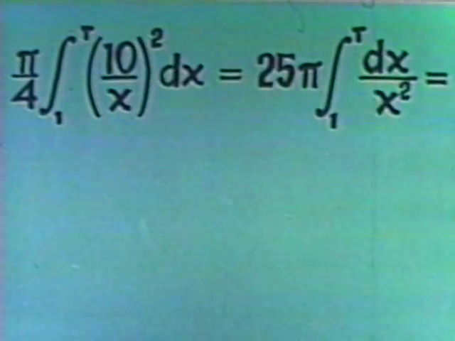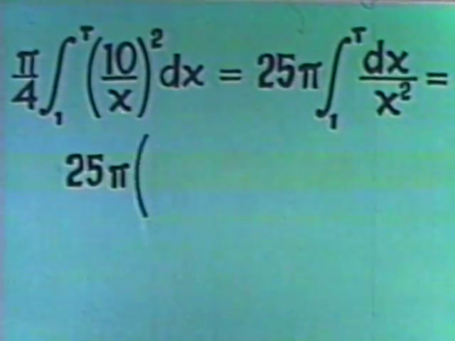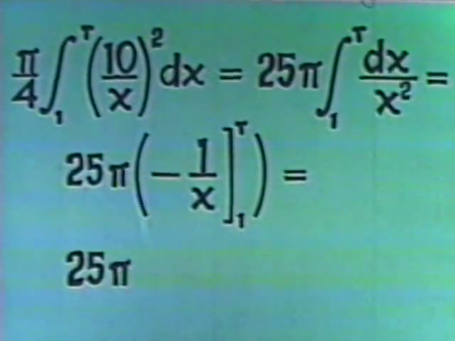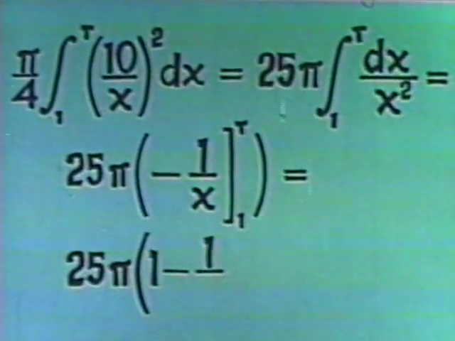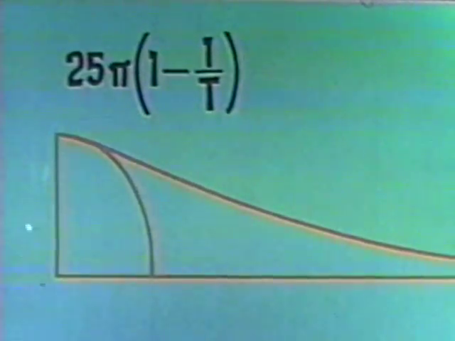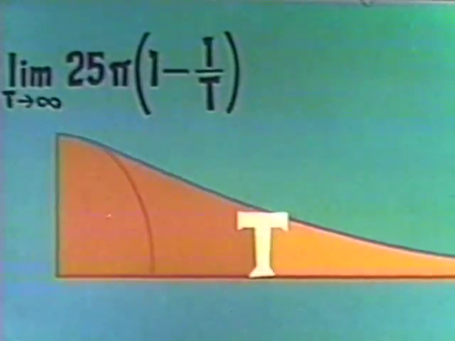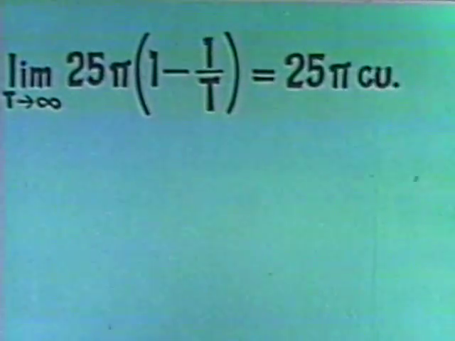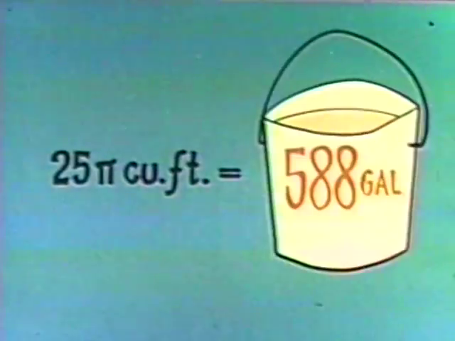That's the same as 25 pi times minus 1 over x from 1 to t. And that's 25 pi times 1 minus 1 over t. We want the entire volume, so we take the limit as t goes to infinity, and that gets us 25 pi cubic feet. And that's about 588 gallons of paint.